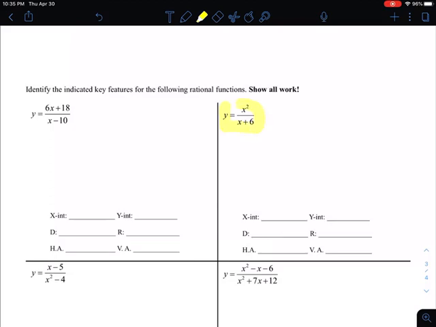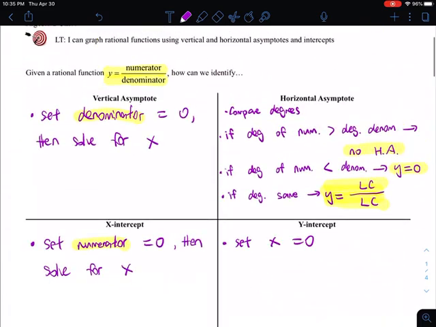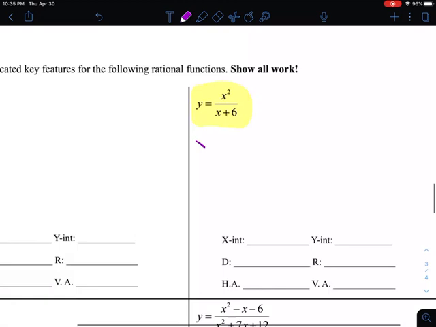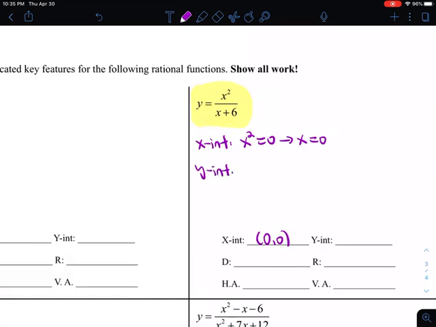Okay, so let's say we'll do this one right over here. All right, x-intercept. Once again, if we go back up top, you set the numerator equal to 0, solve for x. So let's do that first. X-intercept. Set numerator equal to 0, so that's x squared equals 0. So then that tells us x equals 0. So my x-intercept is (0, 0).